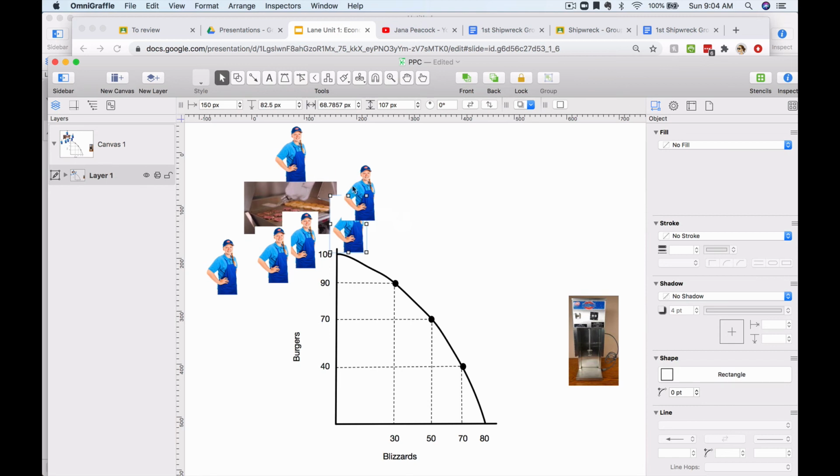If everybody's working as hard as they can, your production possibilities are defined by this line. Tomorrow we're going to talk about what happens when people aren't working quite as hard as they can, and also when you're asked to do more than you can possibly do.